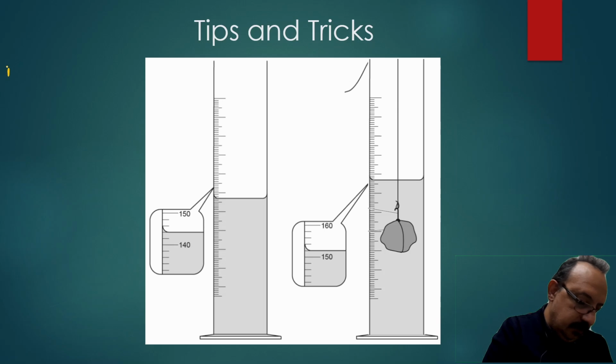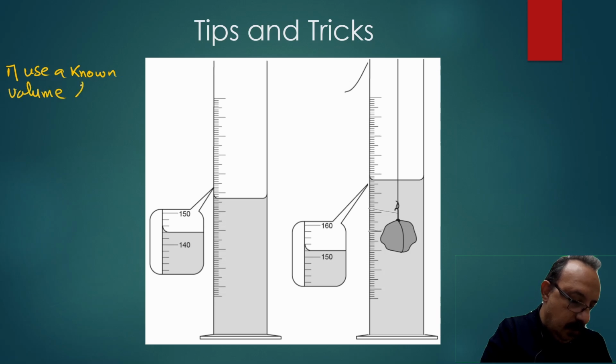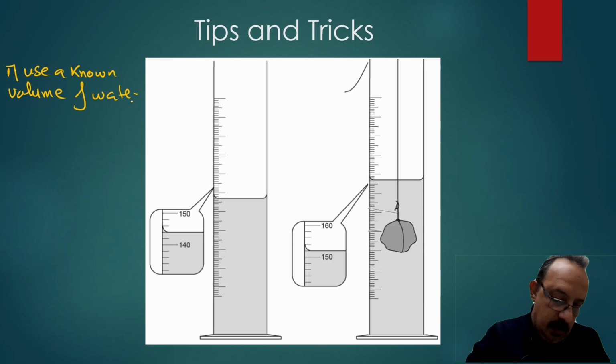One, use a known volume of water. So we fill the cylinder with a known volume of water, like this one. This is step number one. So what is the volume over here?